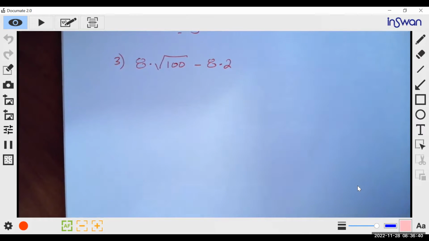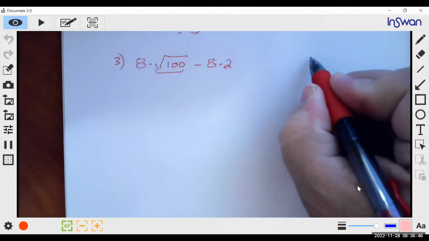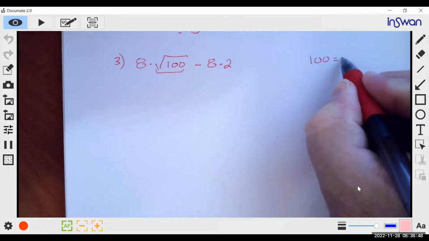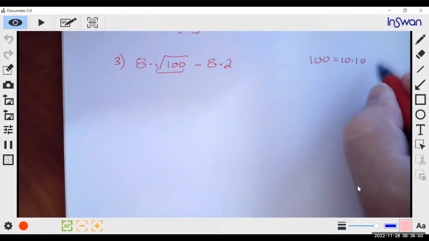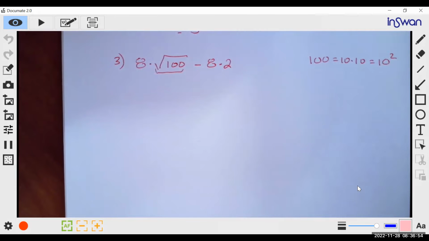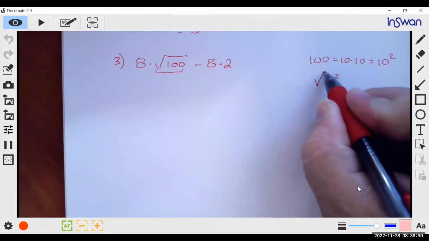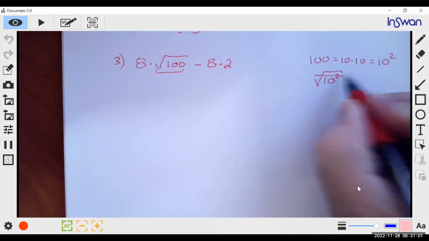Special operations. So what's special here? Square root of 100. Remember, 100 is 10 times 10, or 10 squared. So the square root of 10 squared is 10.